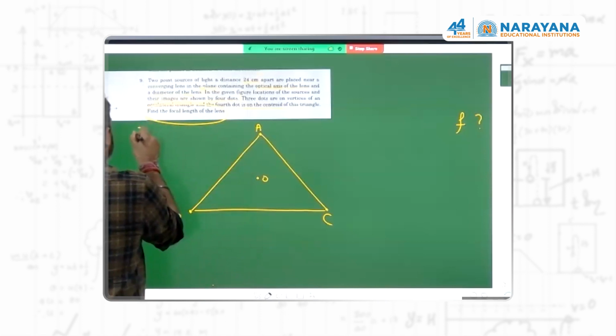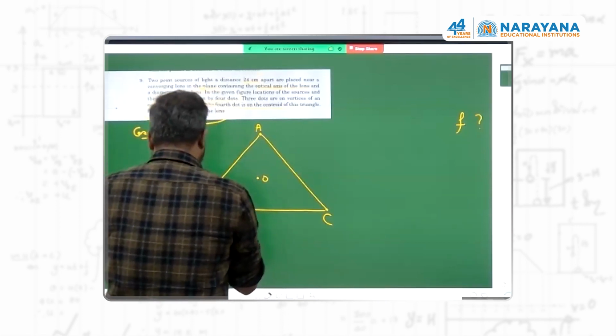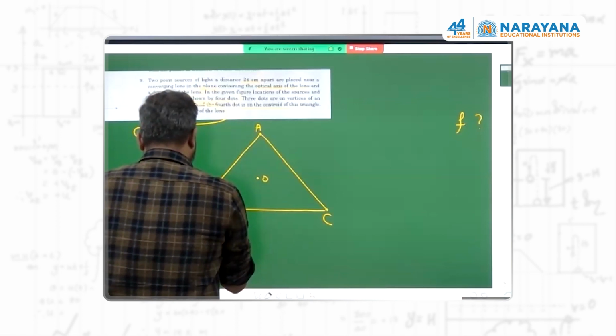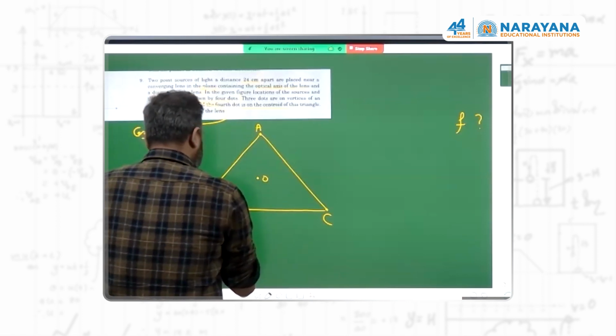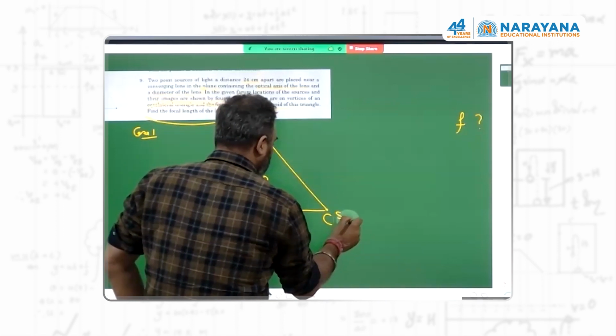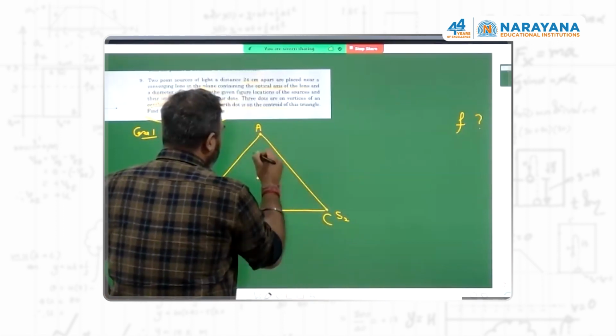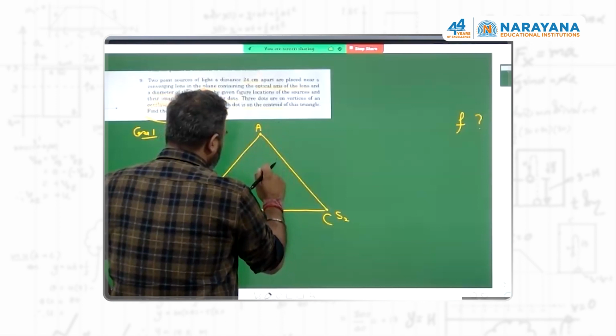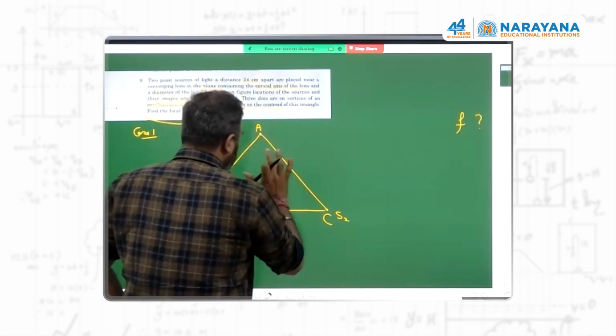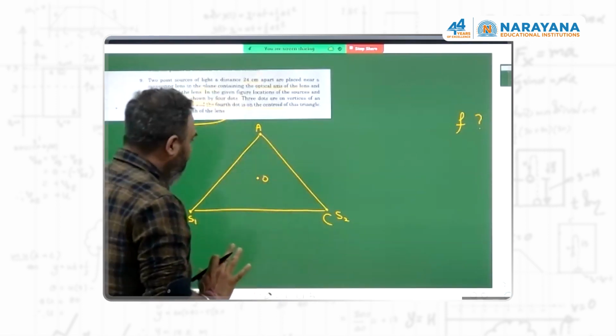So the first possibility, case 1, is that one of them is acting like a source S1 and another is acting like a source S2, and maybe these 2 are the images, I1, I2 or vice versa. So this is one possibility.